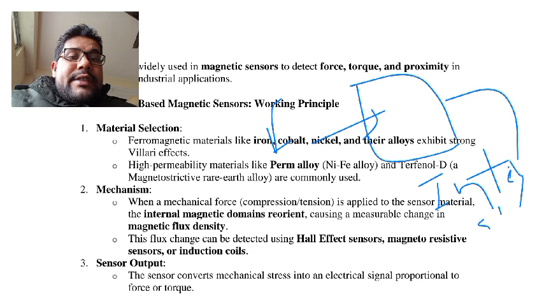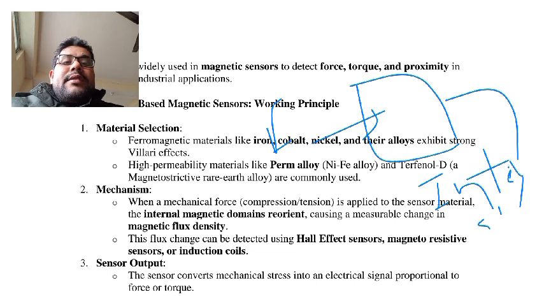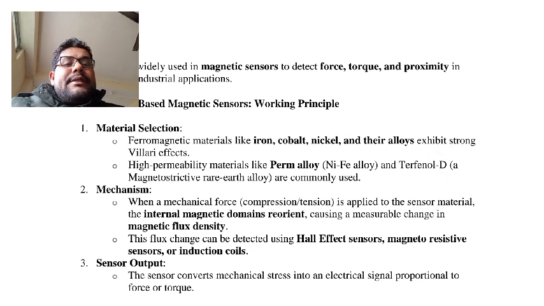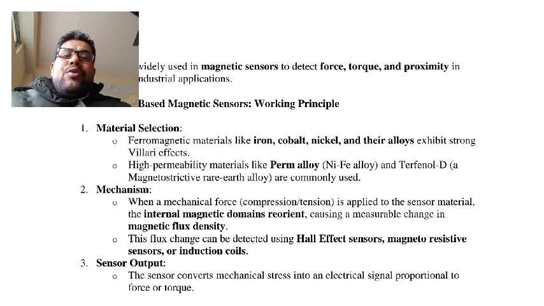These flux changes can be detected using Hall effect sensors, magnetoresistive sensors, or induction coils.